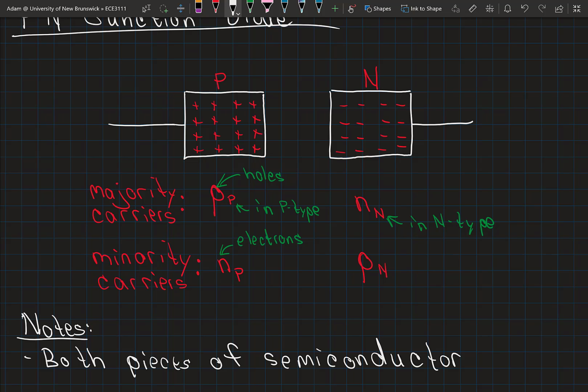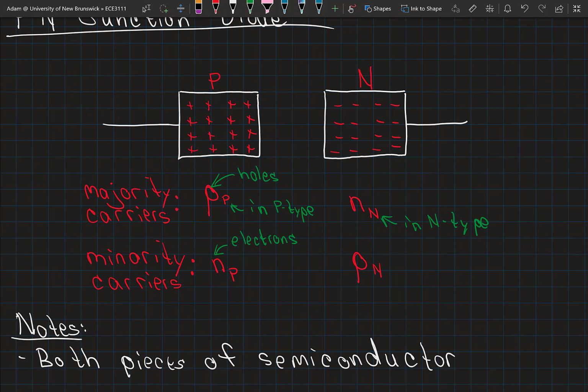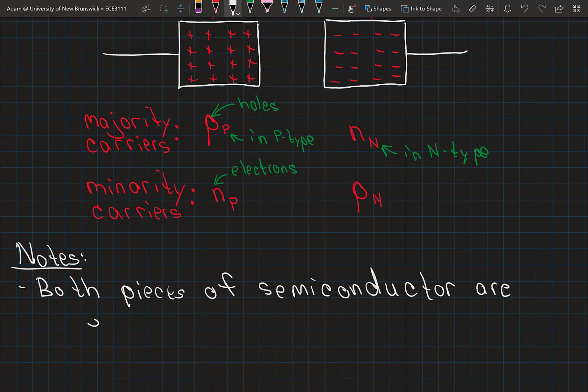We added in donor atoms such as phosphorus in our N-type material, but those impurities themselves were neutral. The silicon itself beforehand was neutral, so we have not changed the charge of the semiconductor. They're still electrically neutral.